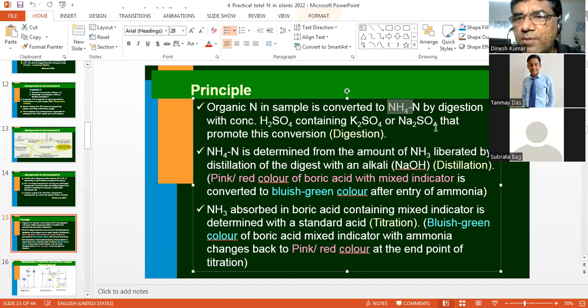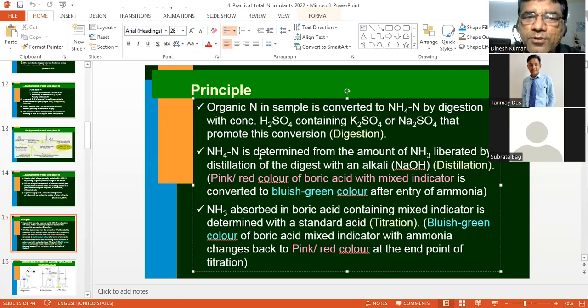Potassium sulfate or sodium sulfate promotes this conversion; it acts as a catalyst and speeds up the process. Then, after nitrogen has come in ammoniacal form, we will do distillation.